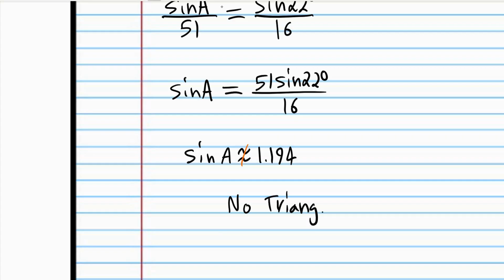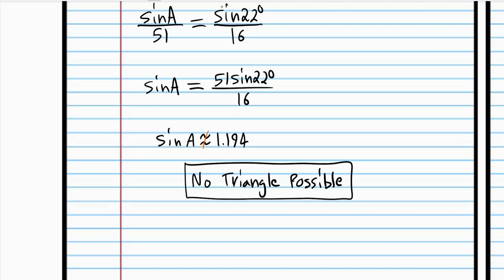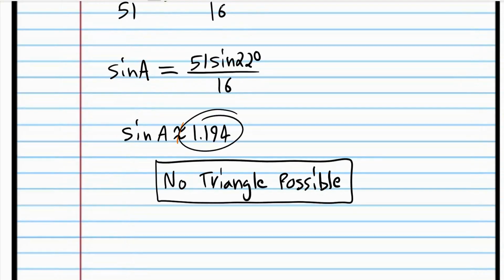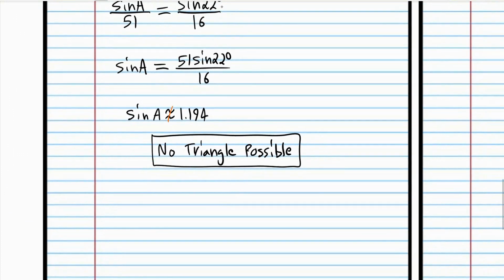How do we know that? Because it's impossible for the sine function to be greater than 1. Remember, sine oscillates back and forth between -1 and 1. So if it's greater than 1, then that's impossible. There is no triangle that fits this description.